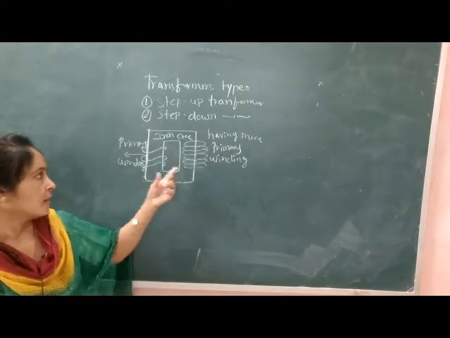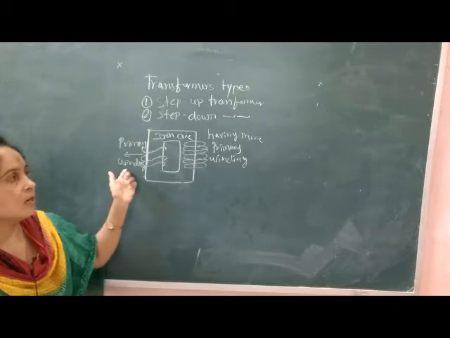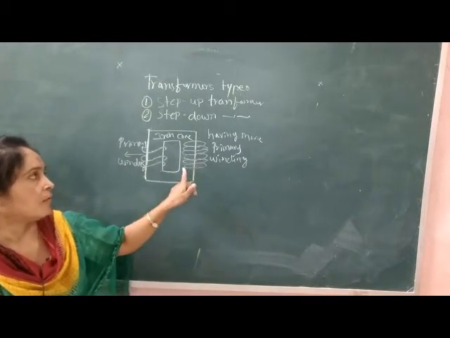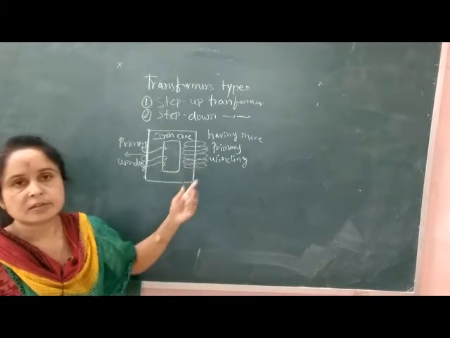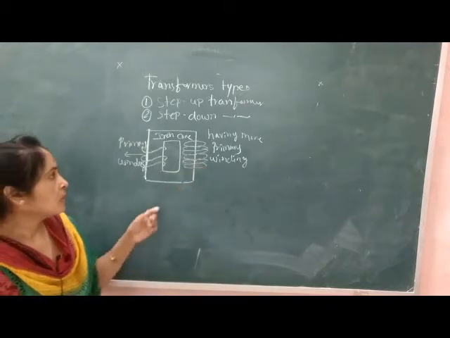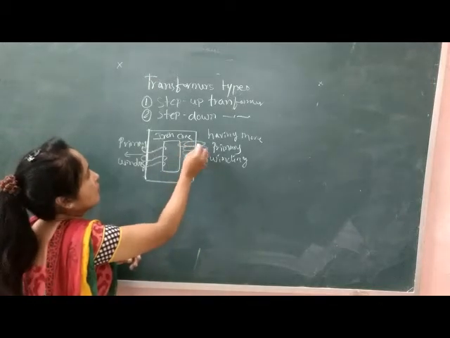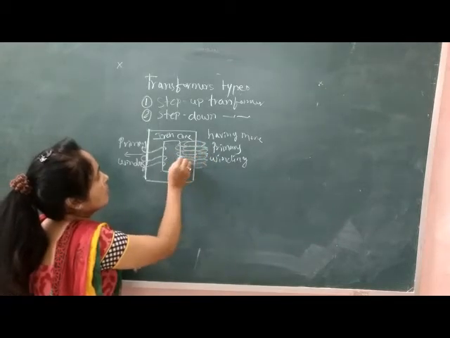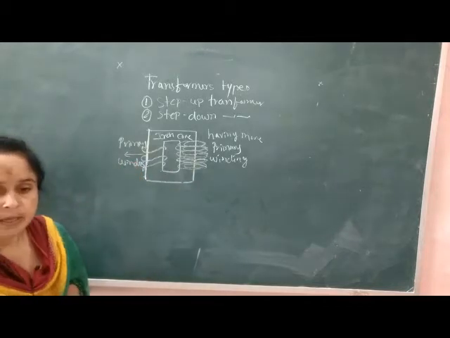The number of windings on the secondary side is greater than on the primary side, present on that core. More windings are formed compared to the primary side.